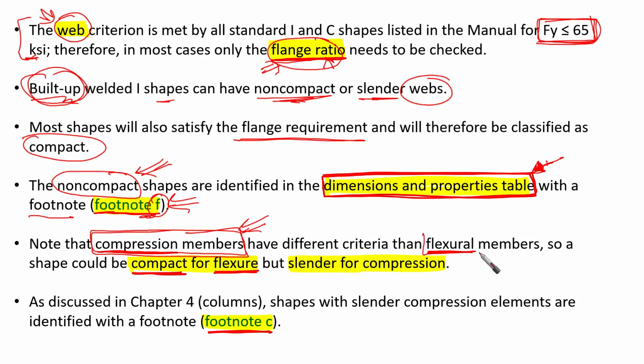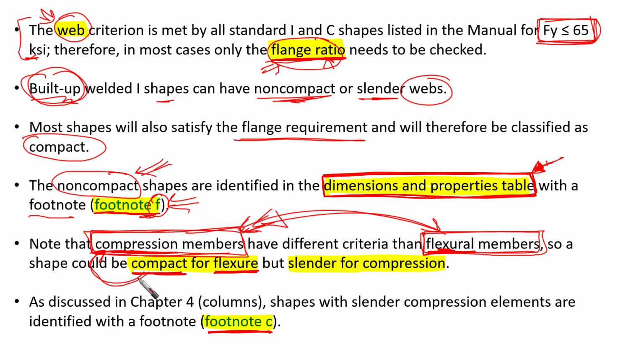For flexural members, maybe the section that was slender for compression is going to be compact here. So they are different. Take care. Maybe it is compact for compression, so do not say that it was compact when I was designing the column with this section.